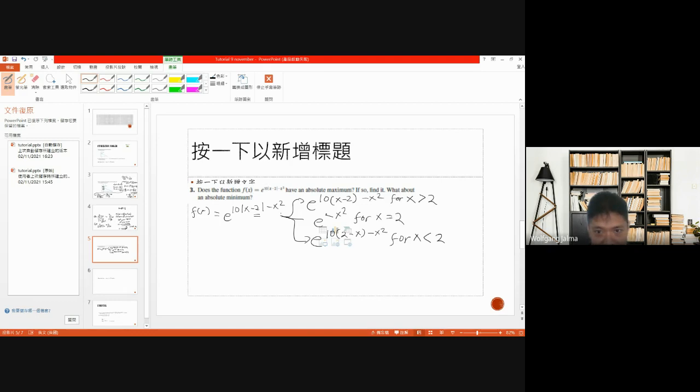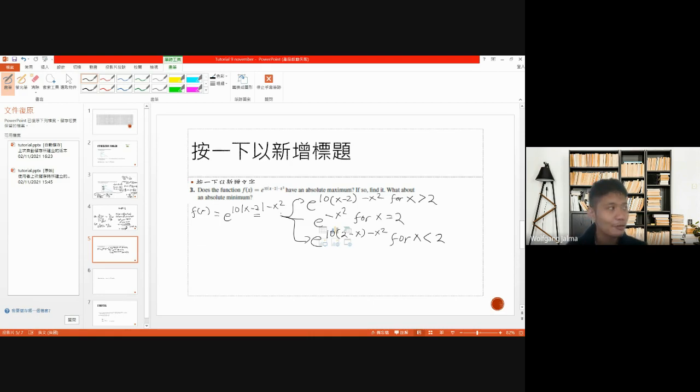We can see that it is not continuous. It's obvious. But the question doesn't ask whether it has a derivative, but whether it has an absolute value, right? So the answer will be maybe yes. Maybe it has the absolute value. So to do that, we will check what the absolute value is for that.